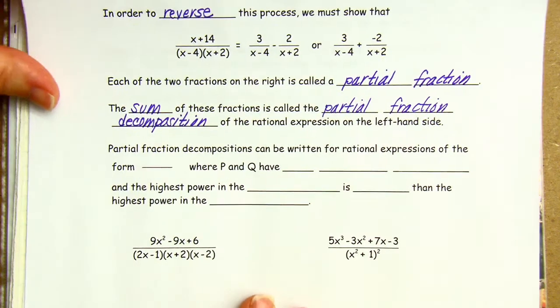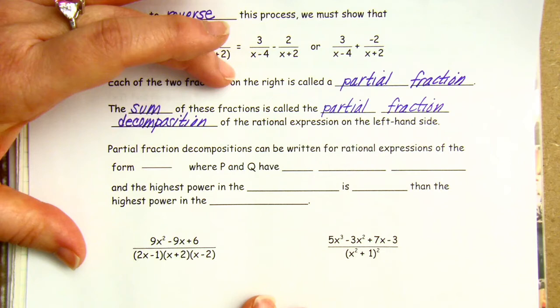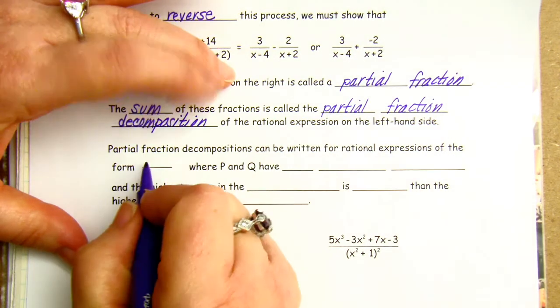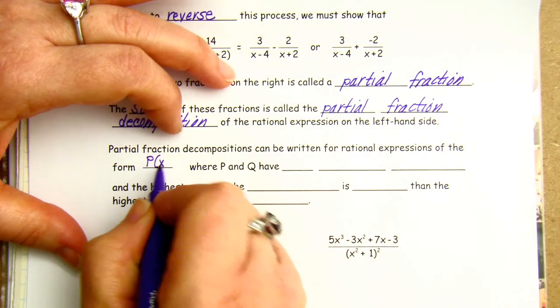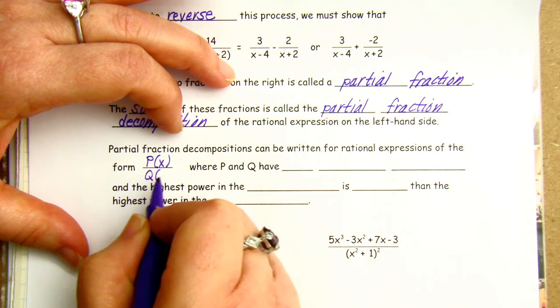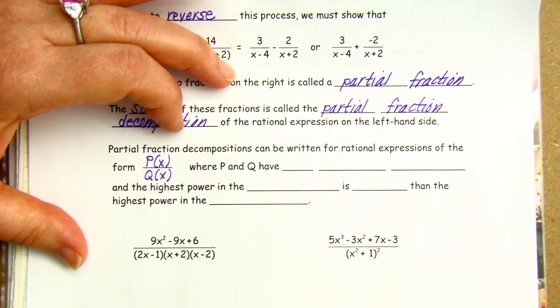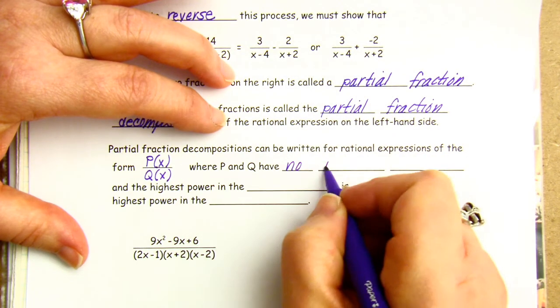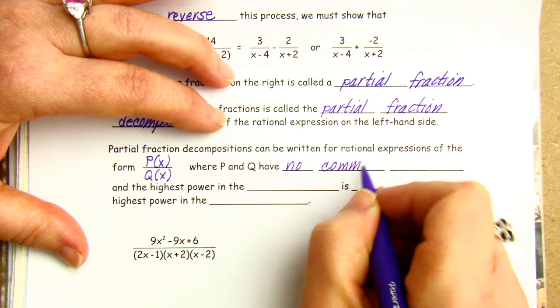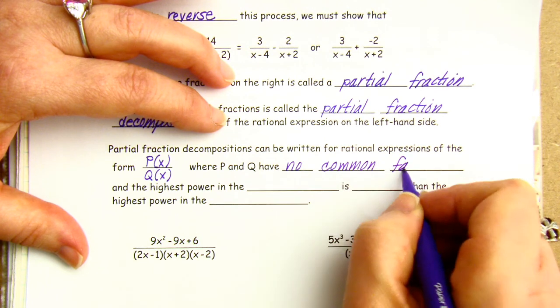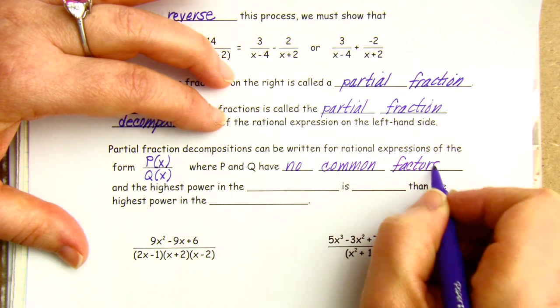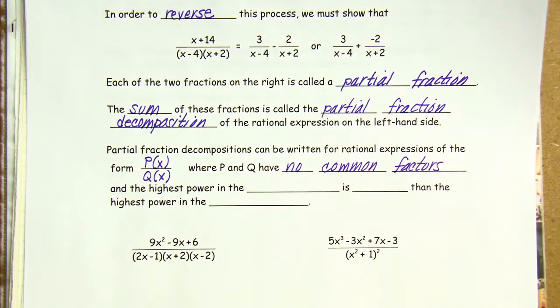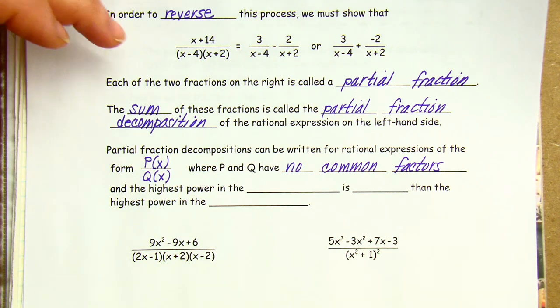Partial fraction decompositions can be written for rational expressions of the form p of x divided by q of x, where p and q have no common factors. And we saw that when we saw that x plus 14 could not be factored in order to divide out a factor in the denominator.